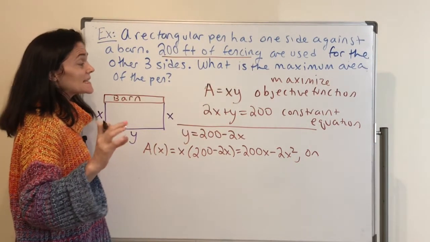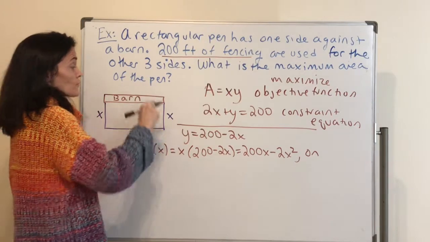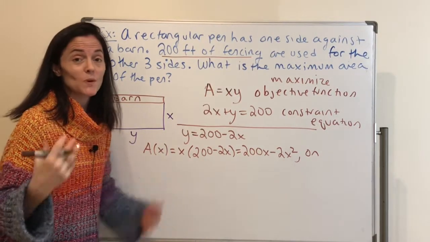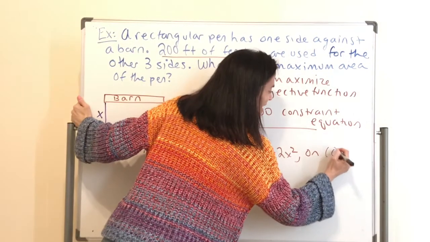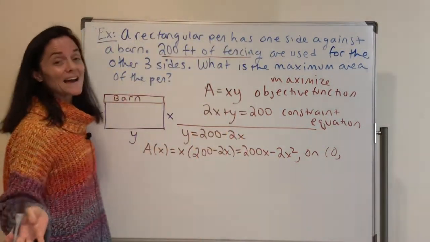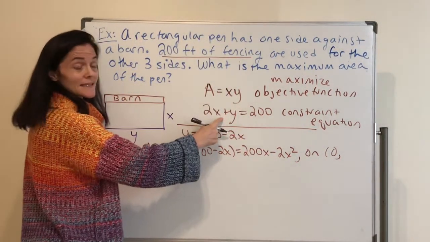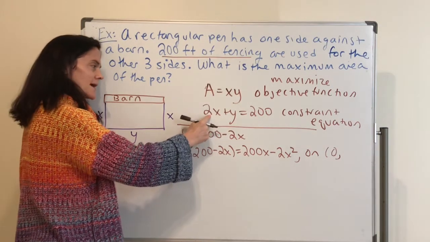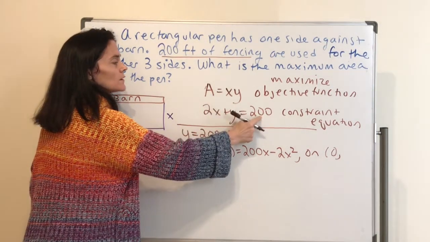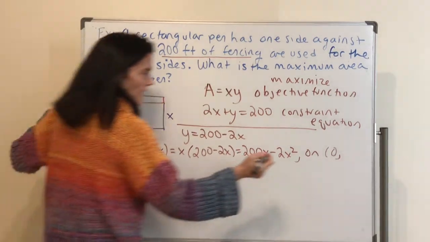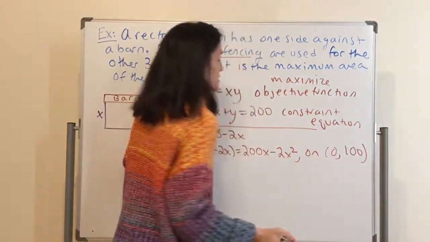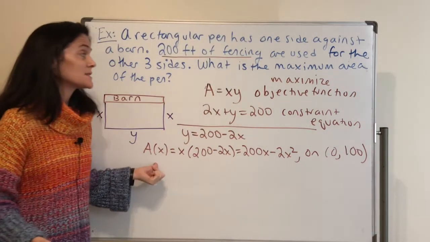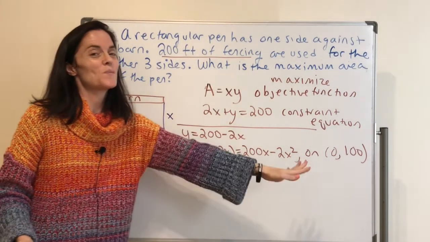Well, in order to make a rectangle, x and y must both be positive. So x is positive. But then y being positive, if we look at this constraint, it would say that 2x must be less than 200, or x is less than 100. So we are trying to maximize this function on an open interval.